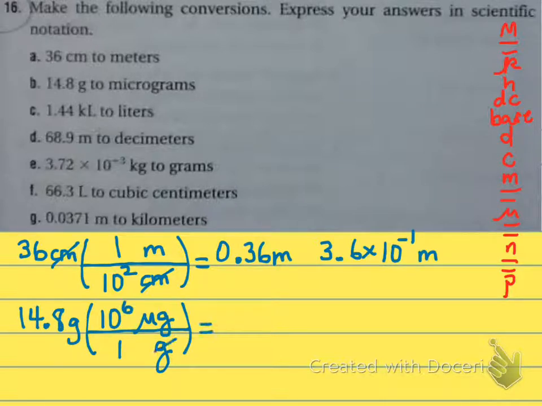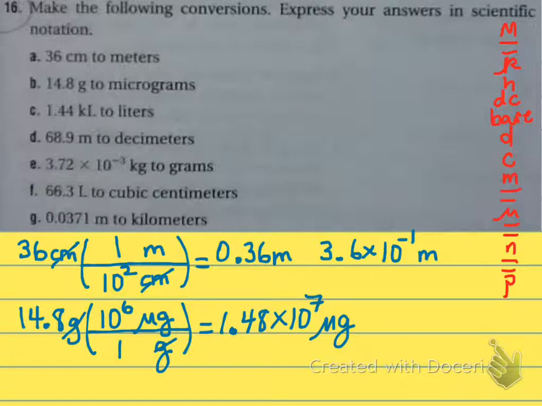So because 10 to the 6 is in the numerator, I'm going to multiply by that. So 14.8 times 10 to the 6th. Okay. And that's 1.48 times 10 to the 7th micrograms.